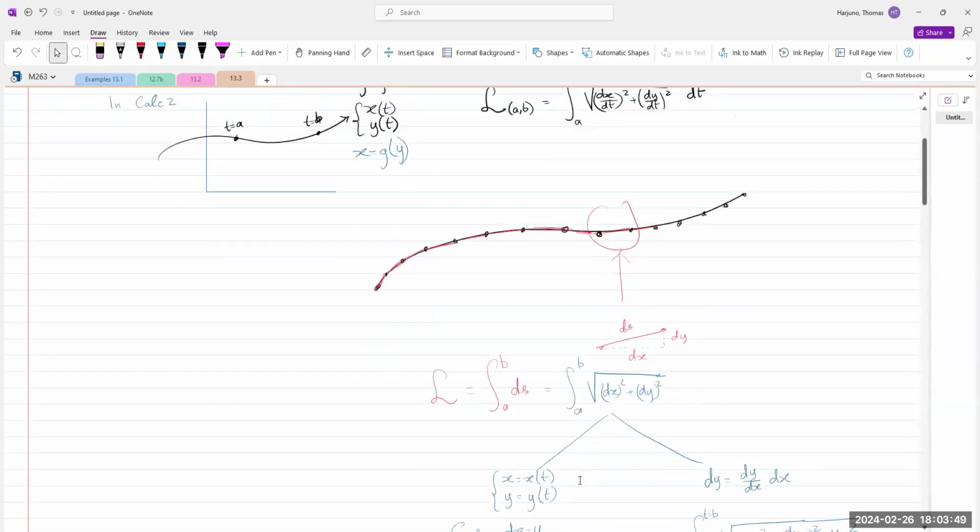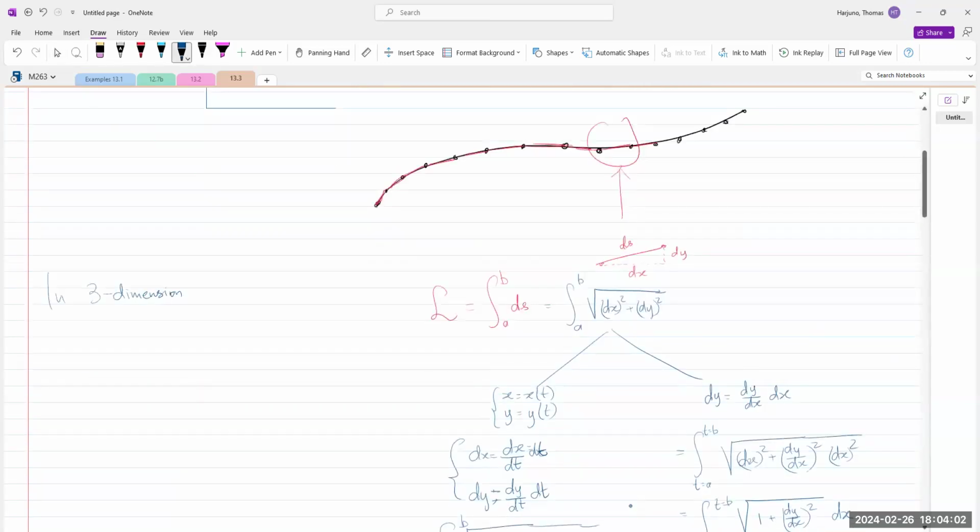Now, in 3D, the ds, the length, is now in 3 dimensions. Suppose I have a curve in 3 dimensions. Notice that it is in 3 dimensions.